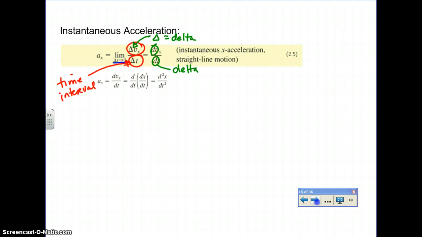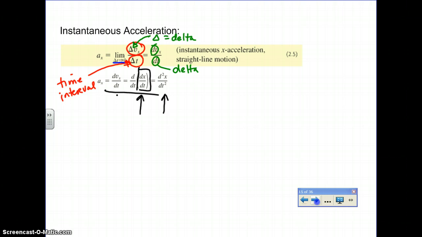So we take this idea of a limit and we use it to describe a derivative. And ultimately, where we go with that is this statement right here, that acceleration, instantaneous acceleration, is the change in velocity, teeny little changes in velocity over teeny little changes of time. And then this notation, for those of you who are kind of new to calculus, indicates that, don't forget, velocity itself is a change in position over time.